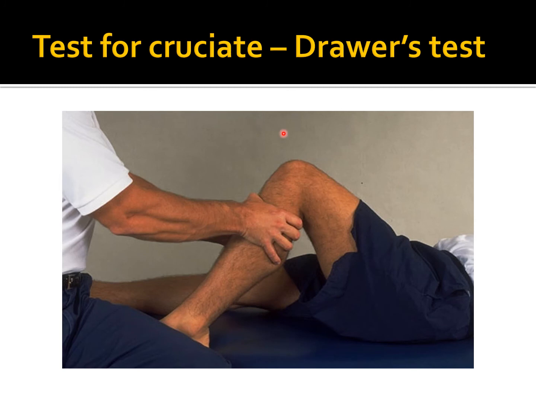Now let's see the other test which is used for the cruciate ligament, the drawer test. So here the knee joint is held in 90-degree flexion and the physician holds the foot so that the knee doesn't get extended further. Okay, and then he gives a gentle push anteriorly.